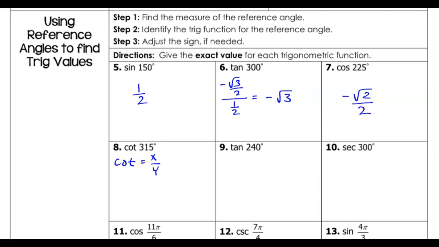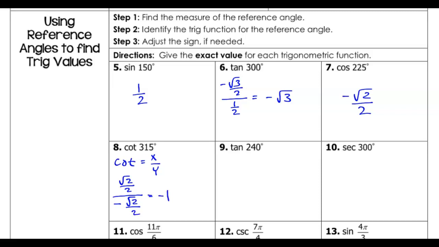And if you look at 315 degrees, notice that these two are actually the same, although one is negative. So our x coordinate is the square root of 2 over 2, and the y coordinate is negative square root of 2 over 2, which gives us the value negative 1.